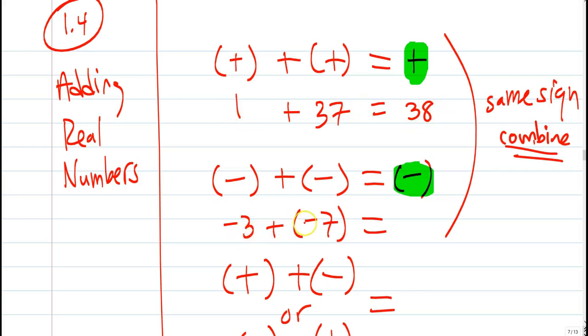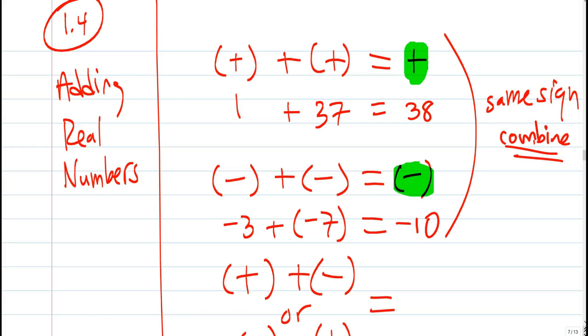But if I owe 3 and I owe 7, I don't all of a sudden have $4. If I owe and I owe and I owe, then I have negative and negative and negative, and those combine and they stay negative, and I end up with 10 negatives. This is my favorite way to explain it. There's other ways as we go, and I'll show you. But the idea of taking the same sign and combining, to me that makes sense.